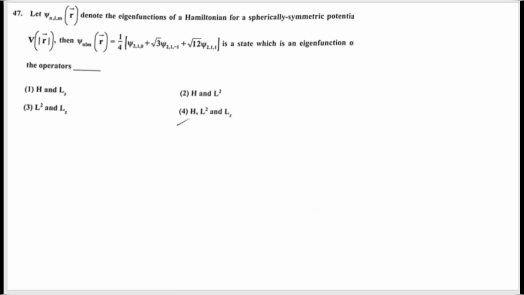What do we have in the next question? Let psi of n l m, r vector, denote the eigenfunction of a Hamiltonian for a spherically symmetric potential, that is V of mod of r vector.